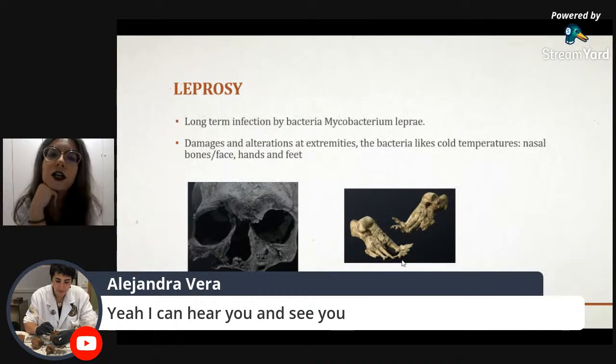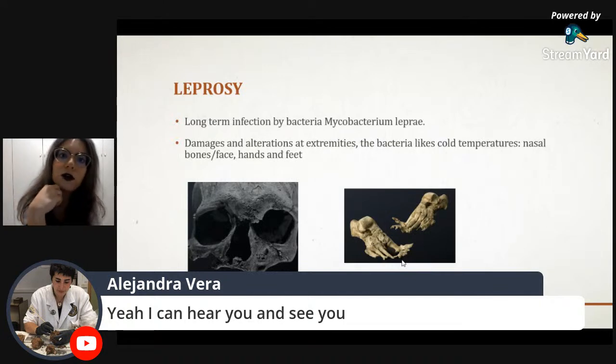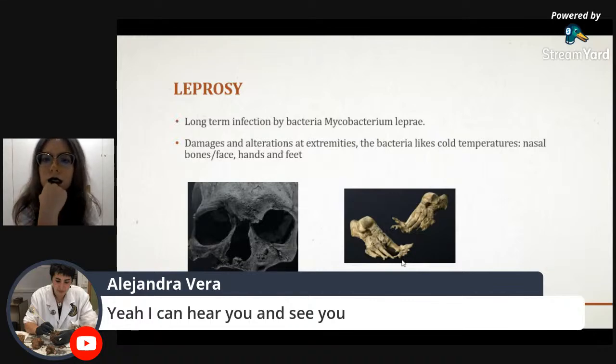Also, another very peculiar infectious disease, a long-term infectious disease, is called leprosy. It's caused by the bacteria Mycobacterium leprae. Usually that bacteria likes the cold, the areas of our body which are the coldest, such as the nose area and the extremities, the hands and feet.